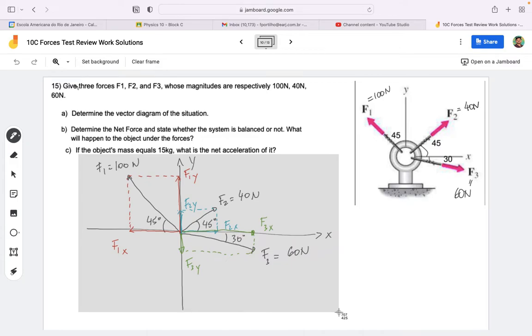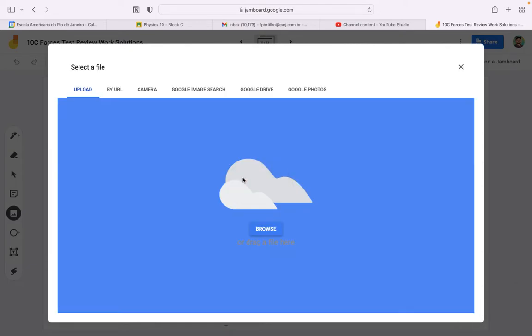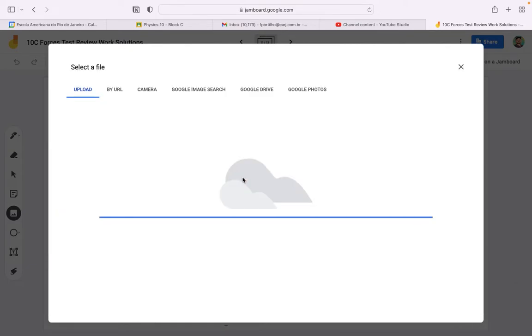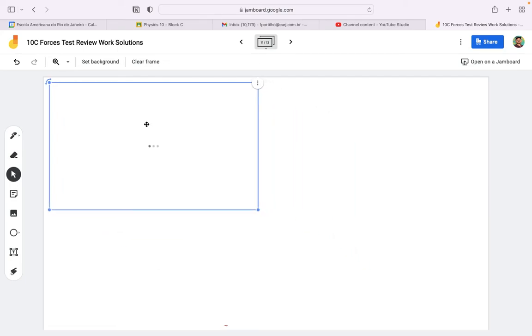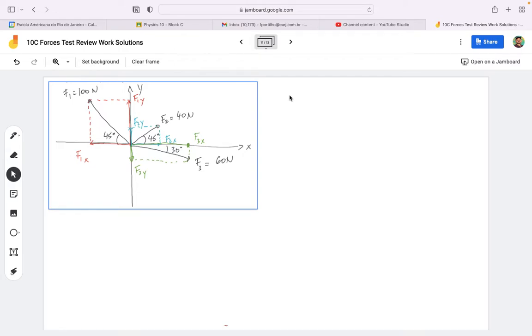Just gonna copy and paste a copy of that to the next page in order so that we can more easily proceed with the calculations, especially of the x and y components.